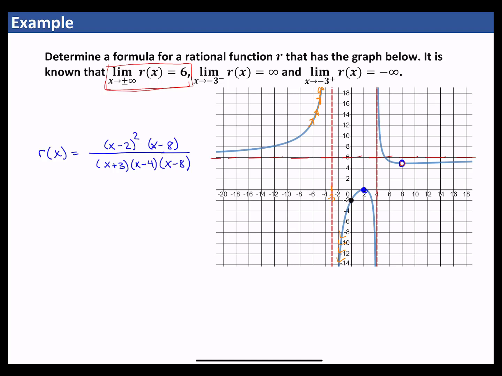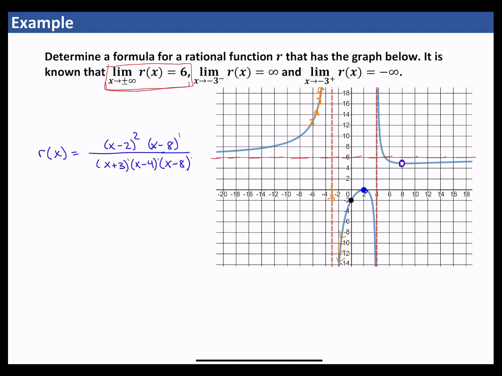And so the numerator, if we were to add up these multiplicities, has a degree of 3, and the denominator also has a degree of 3. And that's good. We want them to have the same degree in order for this long-range behavior to be true.